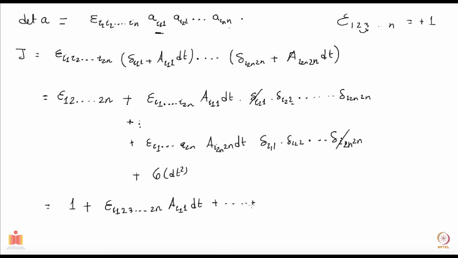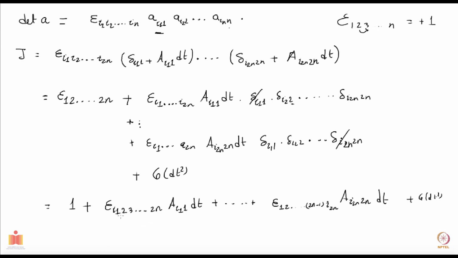Let me write down anyway: epsilon 1 2 and so forth up to 2n minus 1, and then you will have I subscript 2n, and you will have a_{I2n 2n} dt, plus higher order terms.